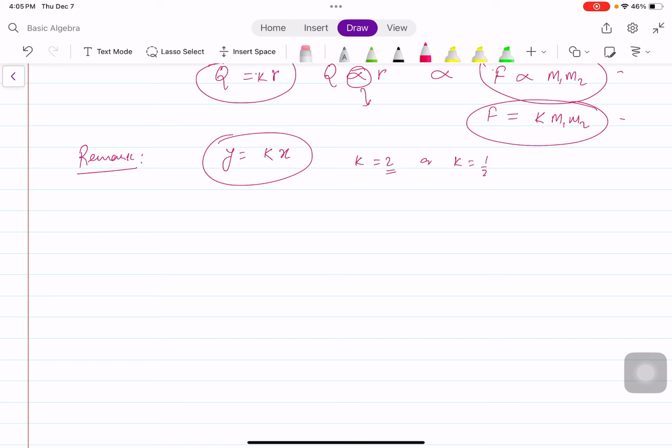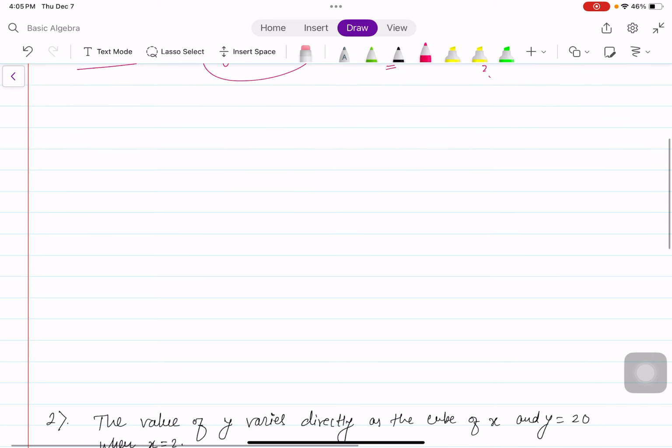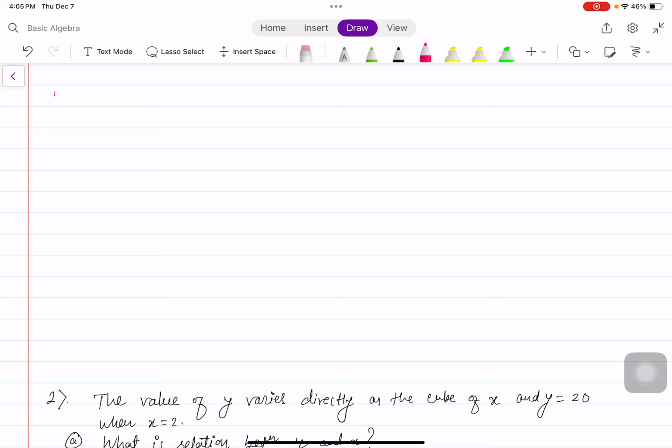So doubling k will double the y value, halving k will halve the y value. So that's the remark.